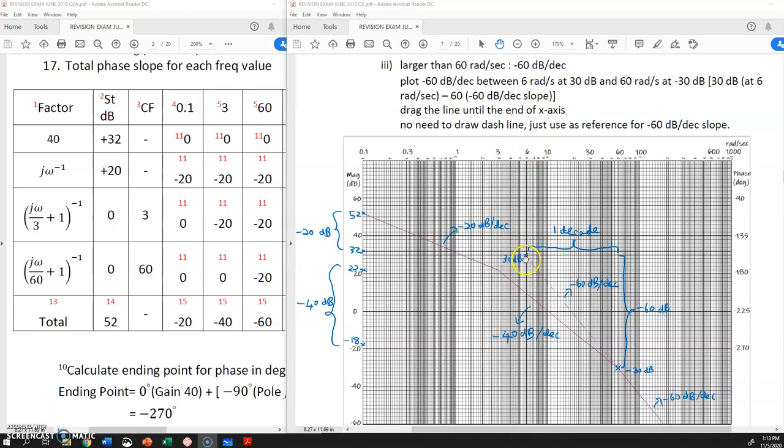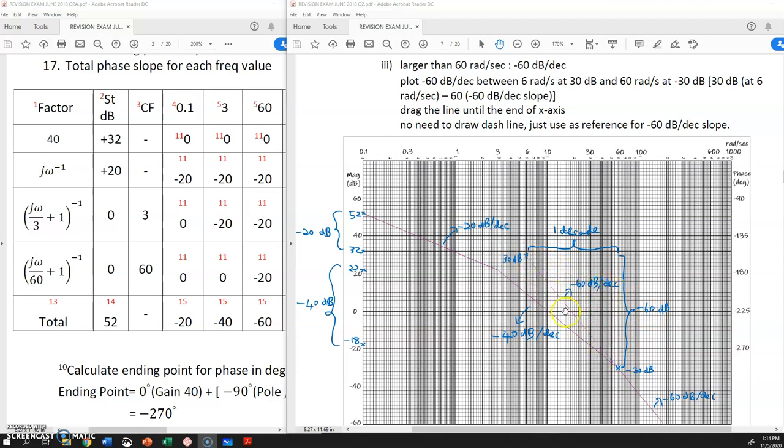You plot this 60 dB per decade until 60 radian per second. So you get 1 decade from 6 until 60 radian per second, and then it stops at negative 30 dB. So this Y length is equal to negative 60 dB, so this slope is negative 60 dB per decade.